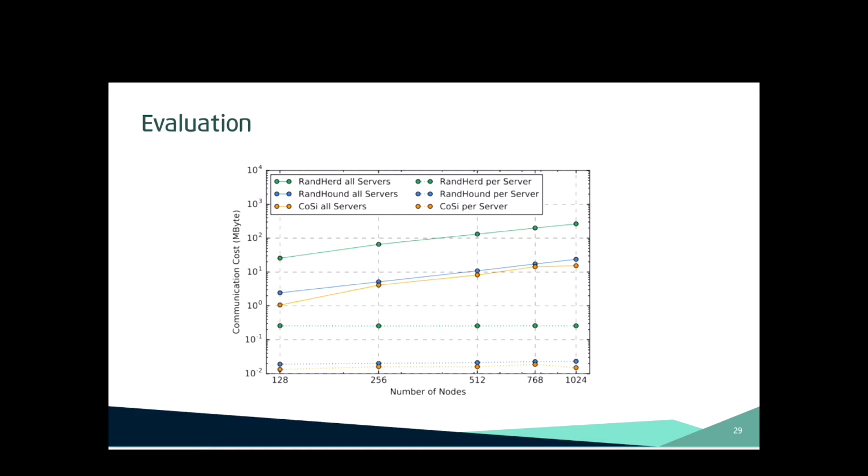And for the case of 1024 nodes, CoSi and RandHound require about 15 and 25 megabytes respectively. After the initial setup, one round of RandHerd among 1024 nodes requires about 400 megabytes due to the higher in-group communication. This can also be seen as the average per-server cost is less than 300 kilobytes for RandHerd and around 20 kilobytes for CoSi and RandHound.